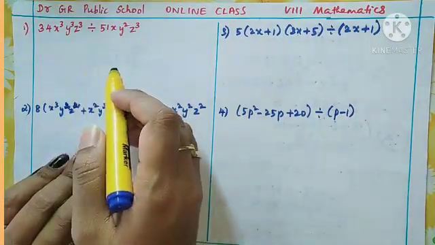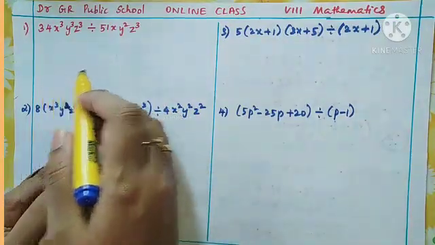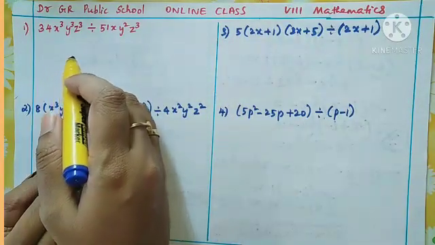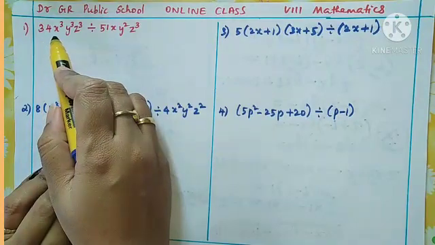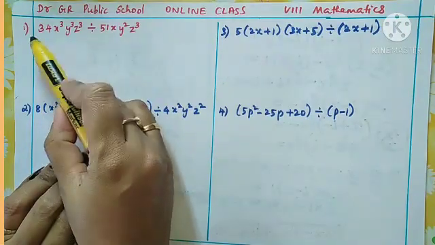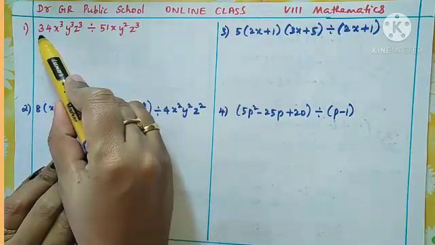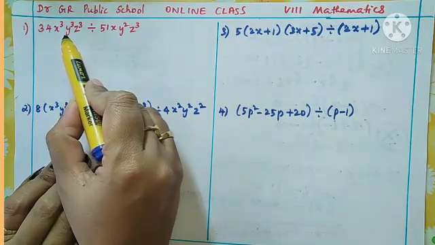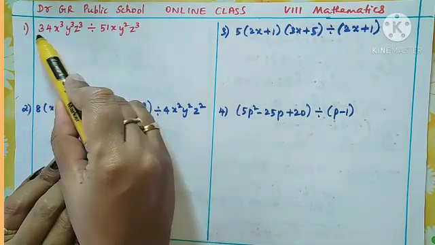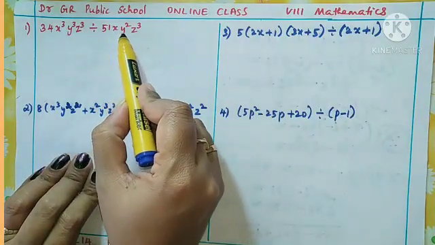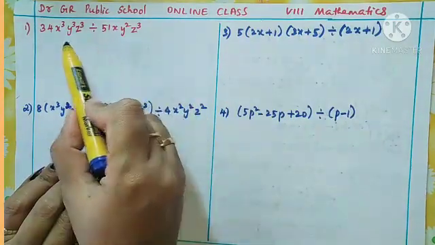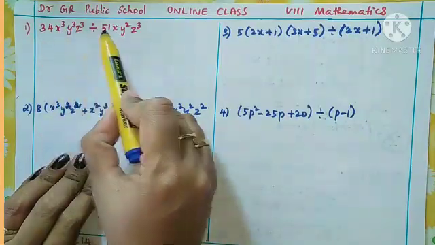So how to factorize your exercise problems? First question is, you need to do the division here, 34x cube y cube z cube. It is all product, 34 into x cube into y cube into z cube. That is the meaning. This is a single term divided by 51x y square z cube. So actually this is one term, this is one term.